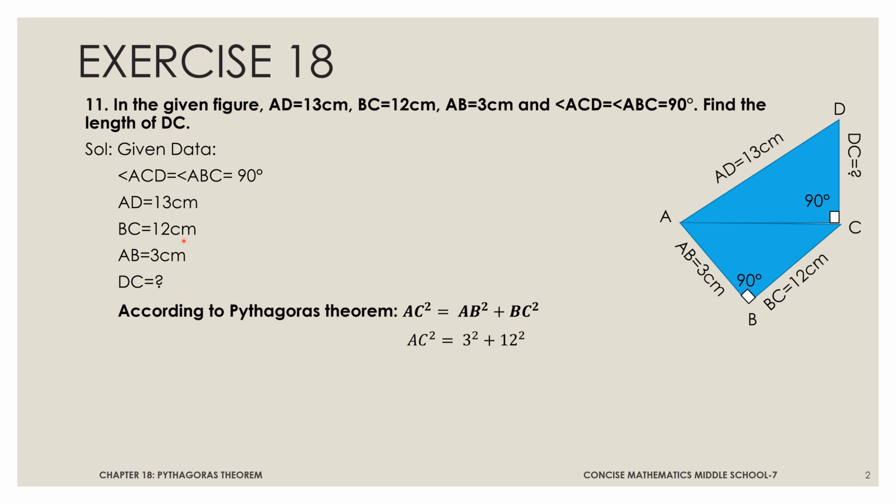BC or CB, both are the same. So 12 square. Now 3 square means 3 into 3, that is 9, and 12 square is 12 12s are 144. Just add it, you will get AC square is equal to 153.